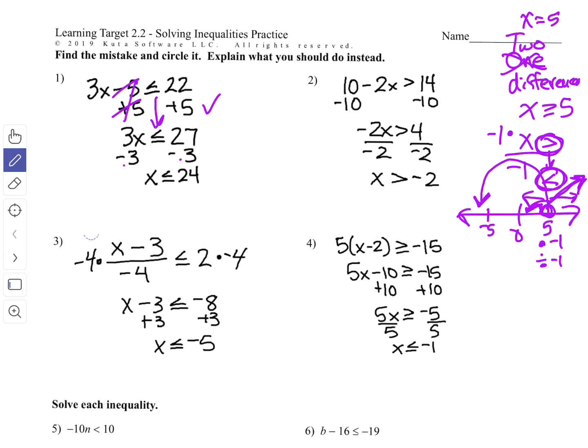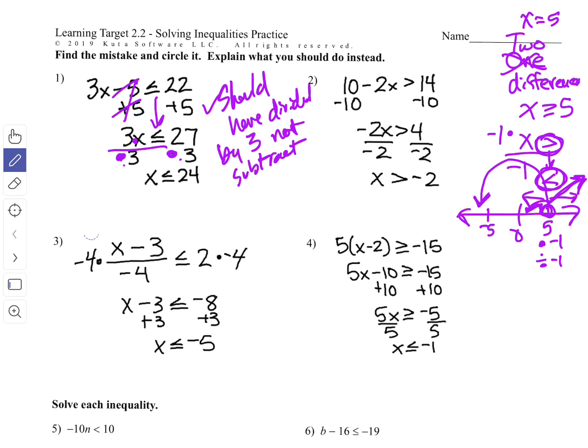Now that's where we made our mistake, isn't it? 3 times x means we needed to divide by a positive 3. So we should have divided by 3, not subtract, which 27 divided by 3 would have given us 9 instead. So there's the mistake on that one.